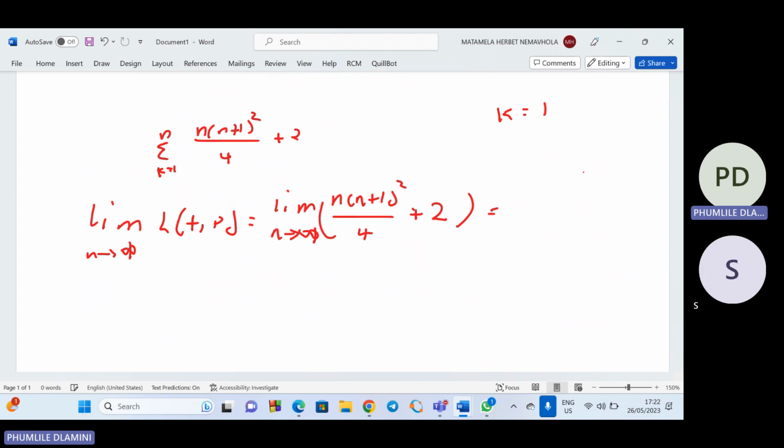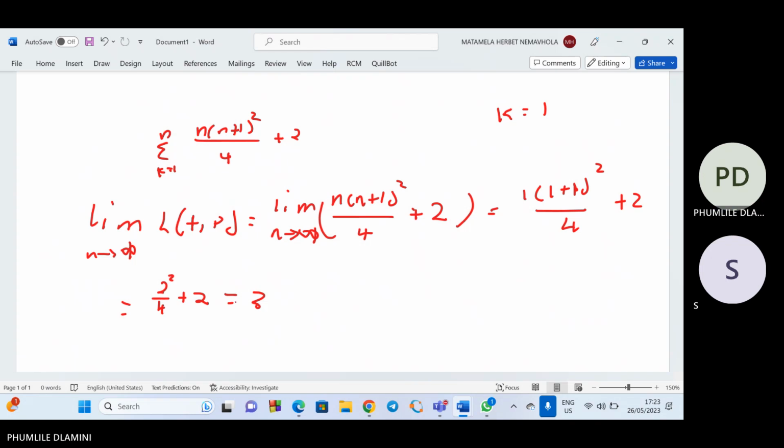Then you will see that our limit here is going to be 1 in brackets 1 plus 1, to the power 2, over 4, plus 2, which is equal to 2 squared over 4 plus 2, which is equal to 3. So now we have L equals 3.